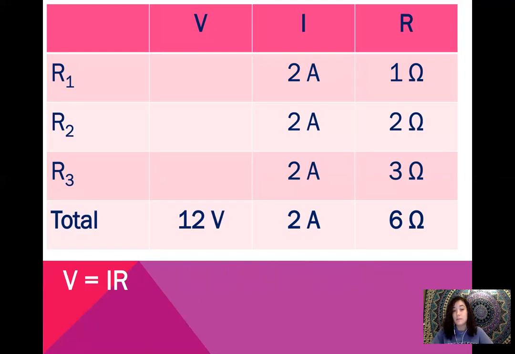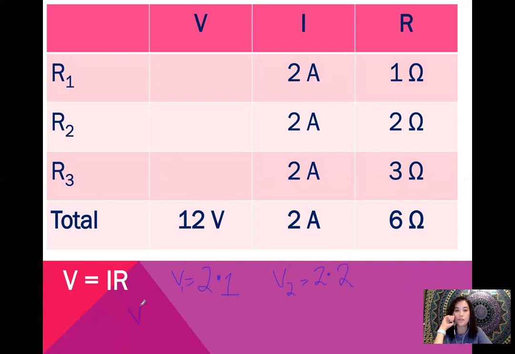Now let's use that information to figure out our voltage across each. So remember, V equals IR, so we're going to do that 1, 2, 3 times. We've got, for resistor 1, V equals 2 times 1. For our second resistor, V2, we've got 2 times 2.